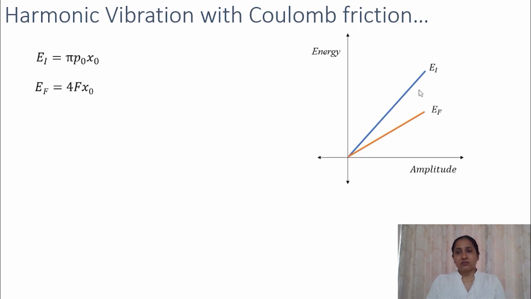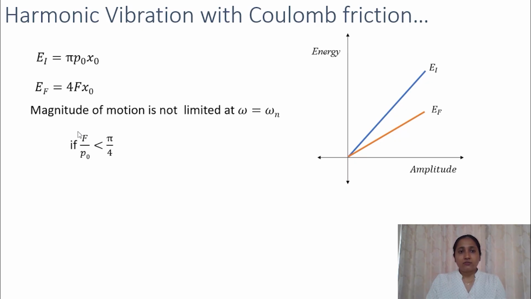This is the energy amplitude plot. The input energy is linearly proportional to the amplitude, and the energy dissipated due to friction is also linearly proportional to the amplitude. Both these curves are linear, and if the frictional force divided by p naught is less than pi by 4, then the input energy will be higher than the energy dissipated due to friction. This is when omega is equal to omega n.